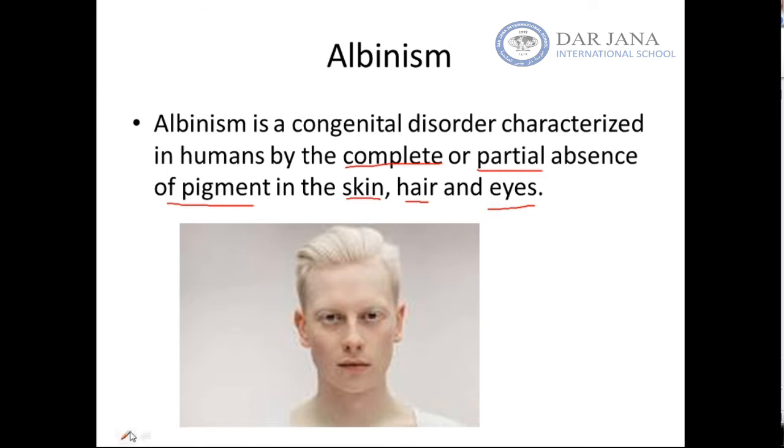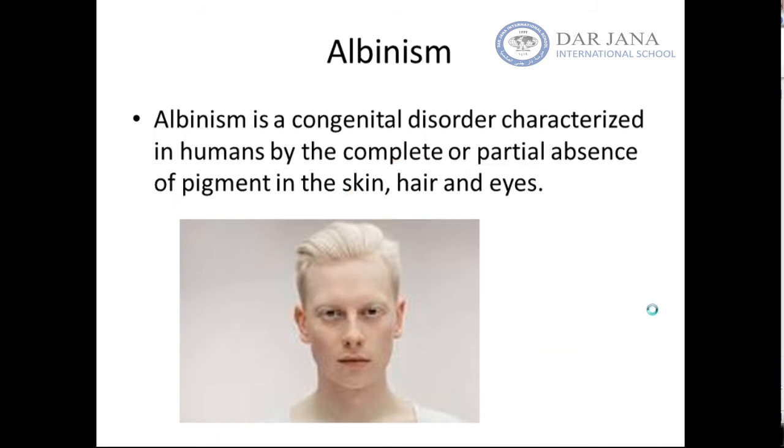So in albinism, the gene that codes for the pigment needed to give the color for the skin, hair, and eyes is not working properly. So this leads to the complete or partial absence of this pigment, leading to albinism.